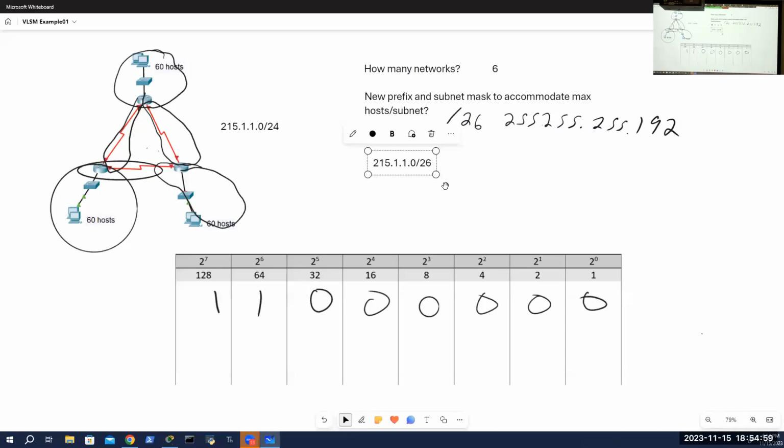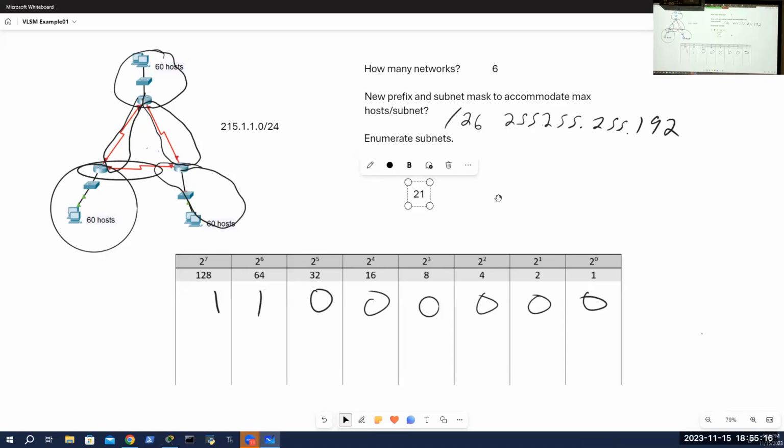And by doing the /26, how many subnets are we going to have? 4, because 2 bits, we're going to have 4 of them.